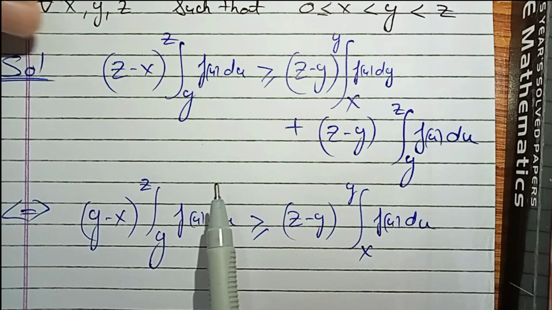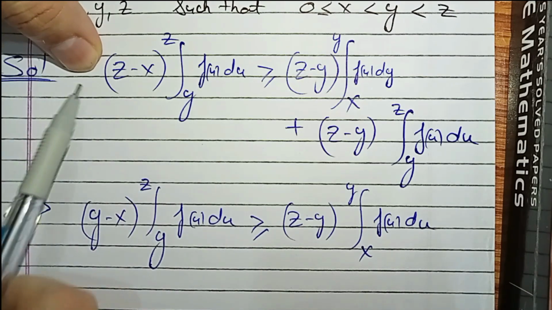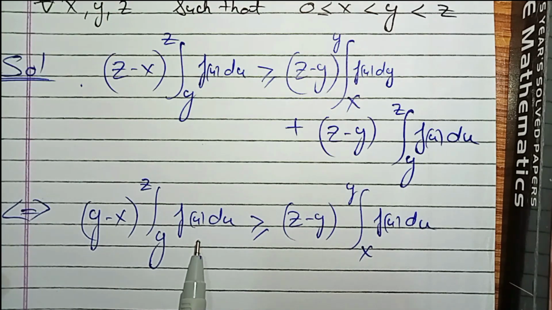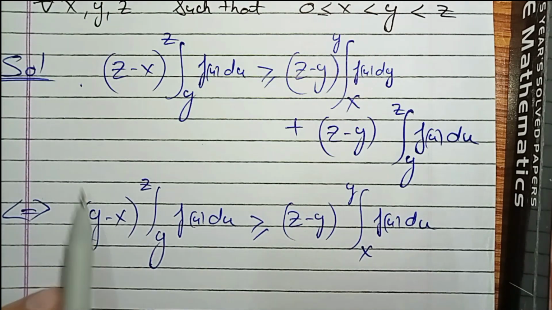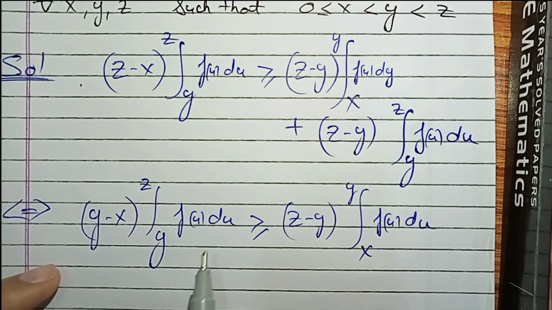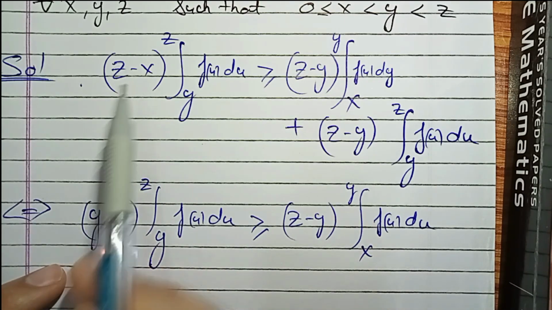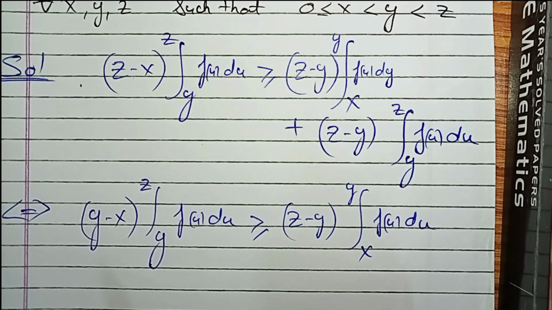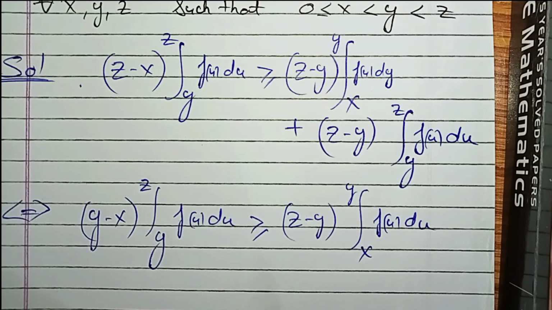What does this sign mean? It means from this inequality we can come to this inequality, this implies this, and from this inequality we can also get back to this inequality. See, both ways around. So that's what this symbol means.